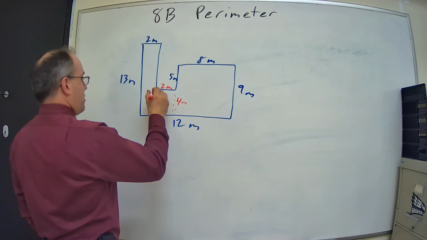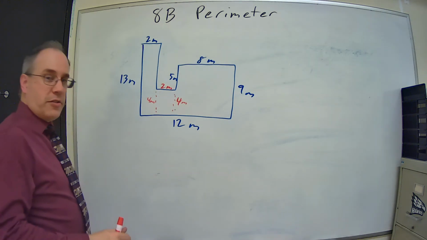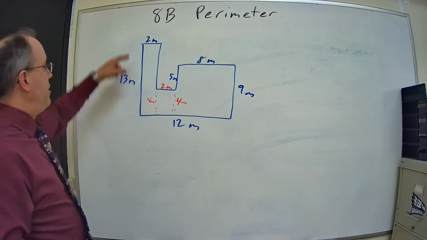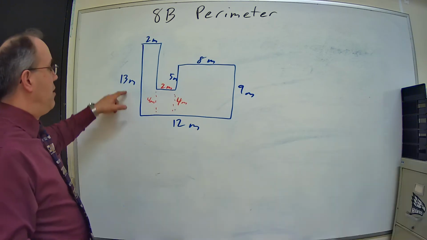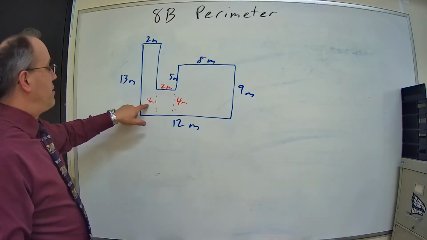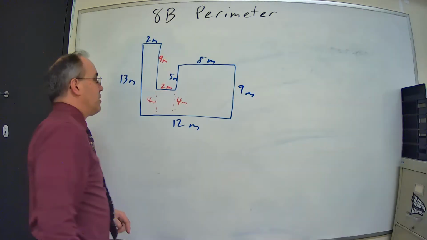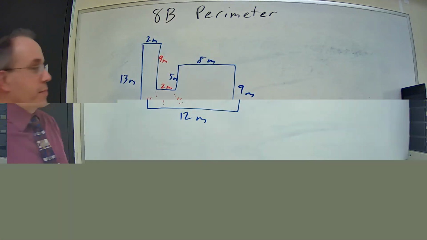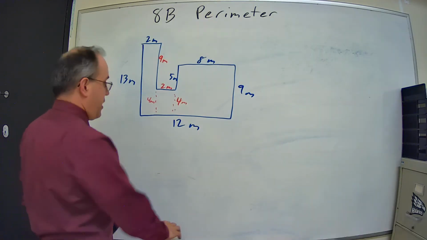So that distance there must be 4 meters. And if that's 4 meters, and the total of this is 13 meters, 13 meters minus 4 meters gives me 9 meters. So now I have the missing pieces.